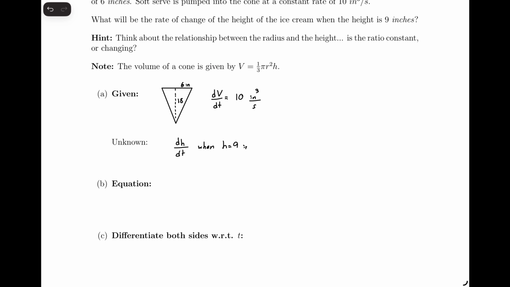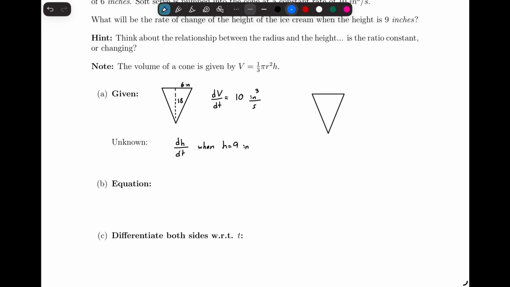Okay, so we also need to think about the relationship between the radius and the height, so if it's going to be a constant ratio or changing. Let's say I have some sort of triangle like this, and what if I shrunk it down? So, a similar triangle.